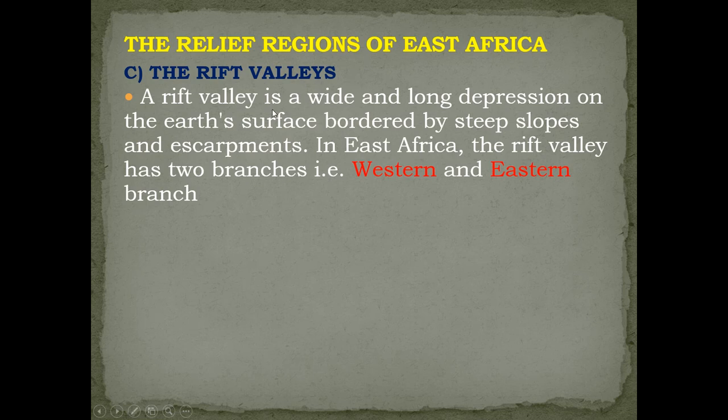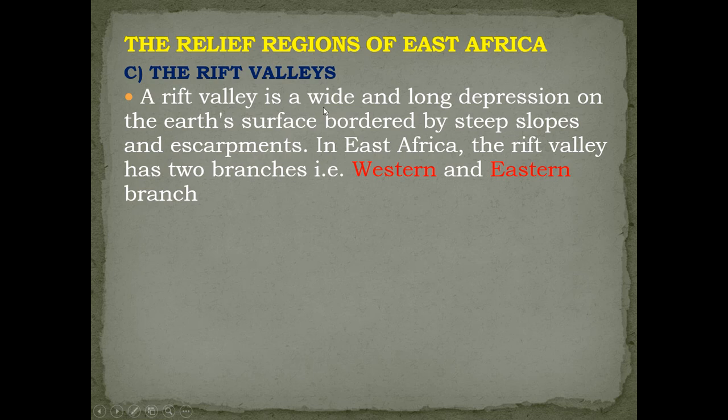By definition, a Rift Valley is a wide and long depression found on the earth's surface, but bordered by steep slopes which are called escarpments. So on either side of the Rift Valley we have steep slopes known as the escarpments.